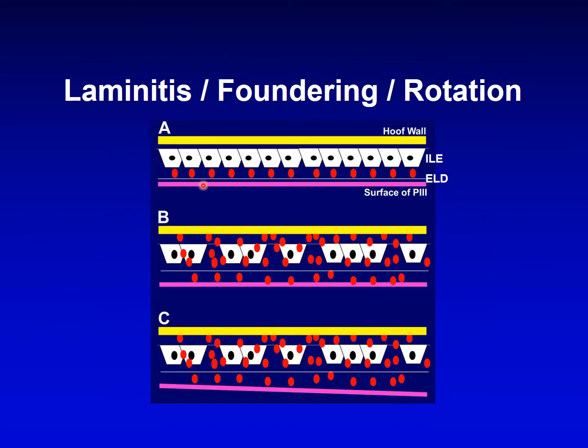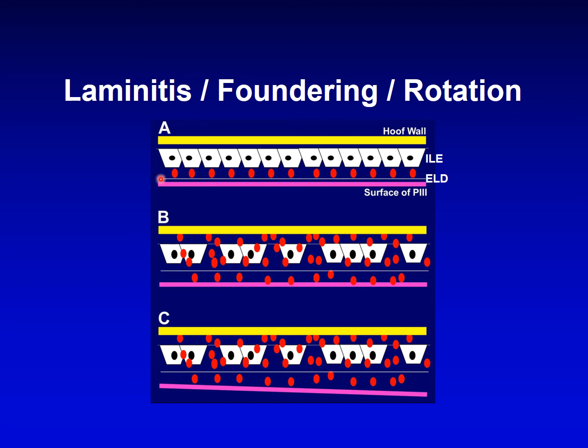This is the normal situation, and in the normal situation, we have the hoof wall here, the internal lamina of the epidermis, the external lamina of the dermis, and the surface of P3.